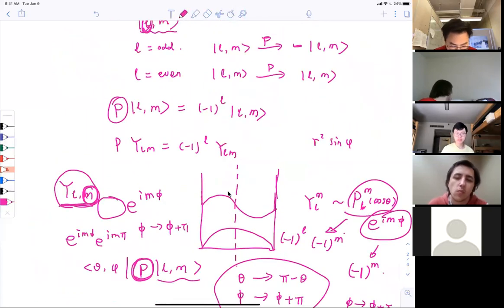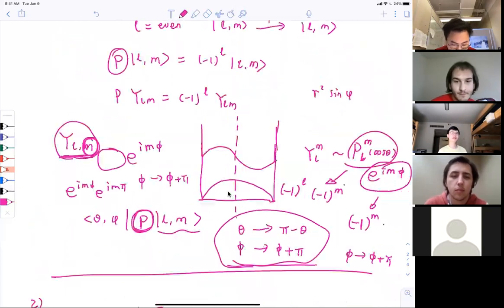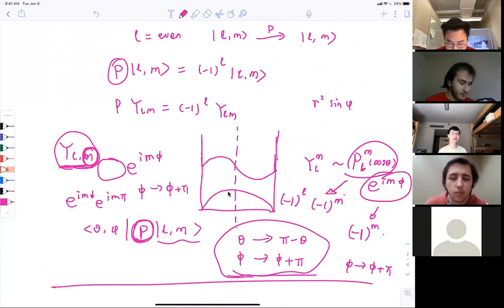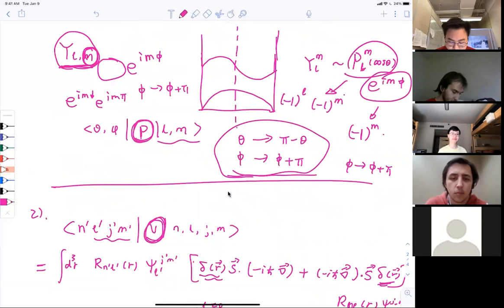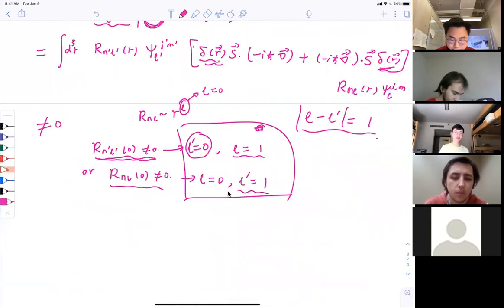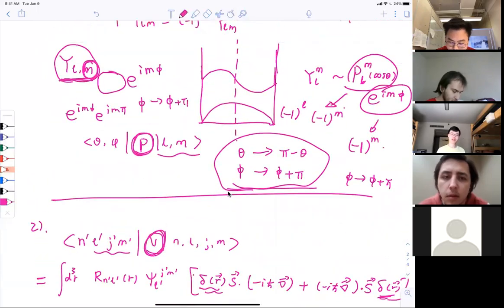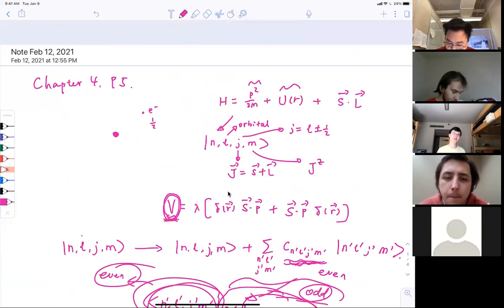But yeah, you know how to do it in principle, right? Whenever you apply your parity operation, you just flip the coordinate and that's it, and see how the wave function changes.